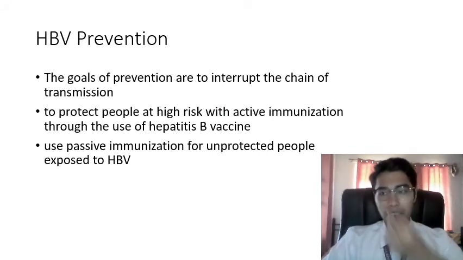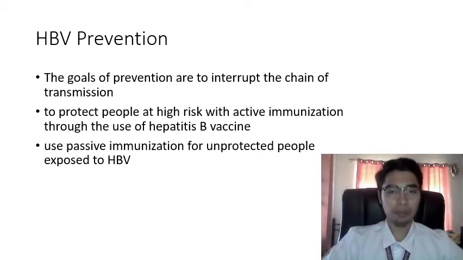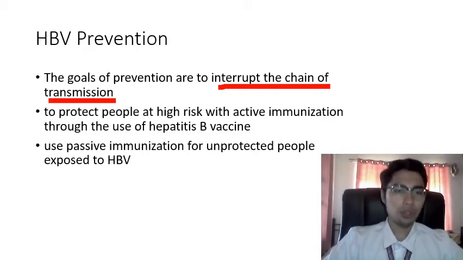Now, speaking of preventing the spread, how can we prevent? Obviously, the goal is to interrupt the chain of transmission. That is the basic and most effective way of preventing the spread of the virus. Protect people at high risk with active immunization through the use of hepatitis B vaccine.